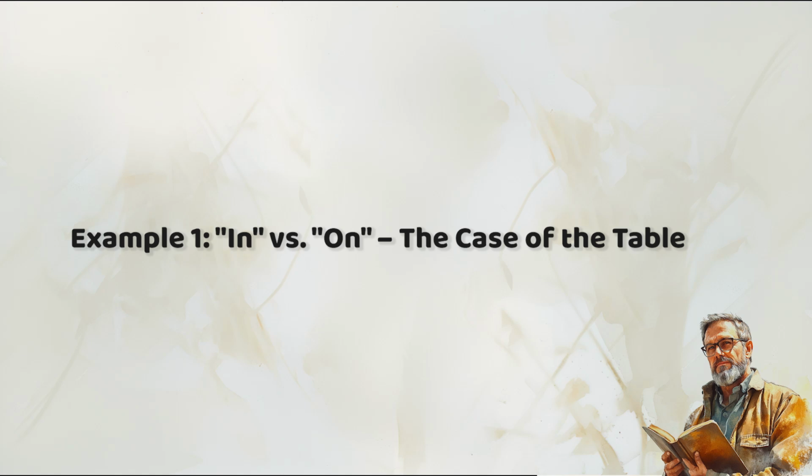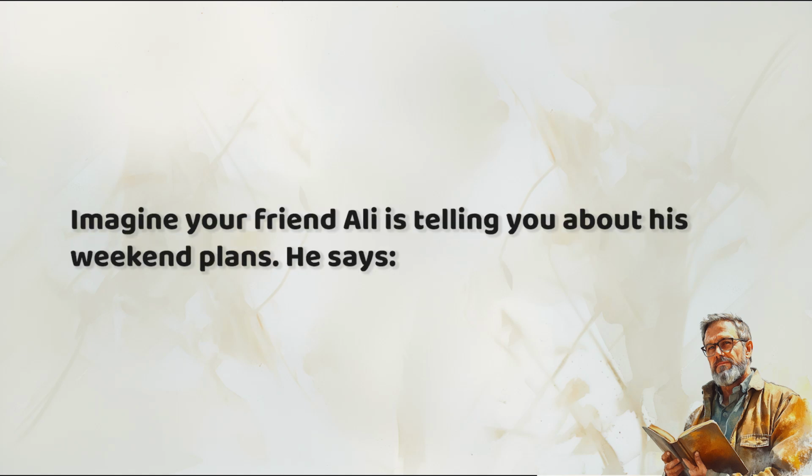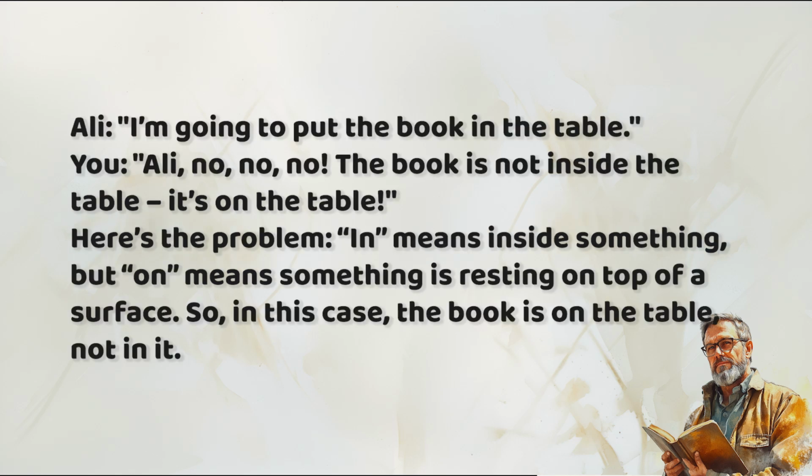Example 1. In versus on, the case of the table. Imagine your friend Ali is telling you about his weekend plans. He says, "I'm going to put the book in the table." You say, "Ali, no, no, no. The book is not inside the table, it's on the table."